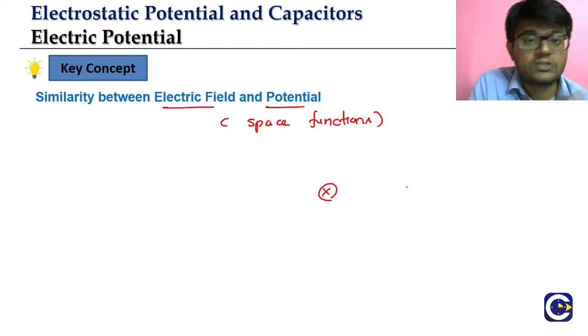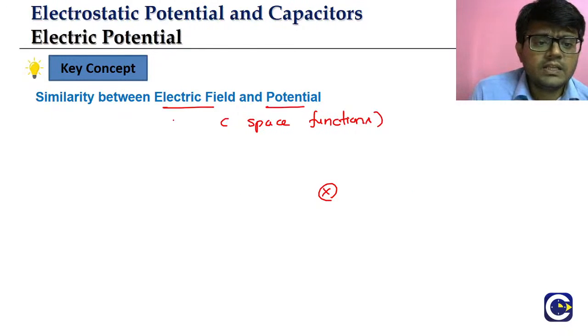The charge does not matter. The electric field as well as the potential are defined in space. That is why we call them space functions.